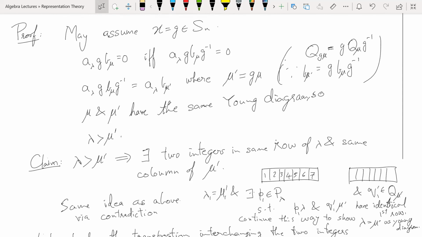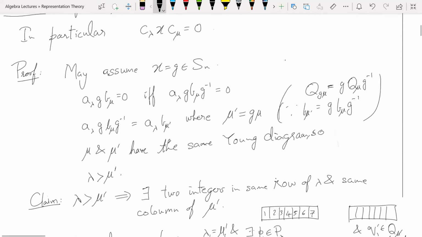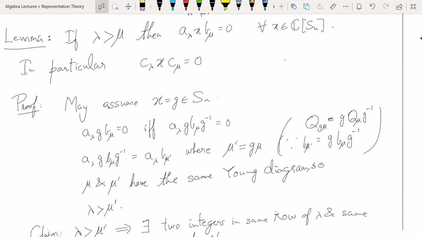Okay, so hence the lemma. Okay, so I hope the proof of this lemma is also clear. So basically, it's the same idea, except that you apply it in this setup. Okay.